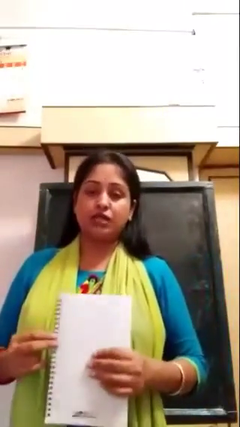In today's class I will explain only the first part, the operating activities. How will we calculate these operating activities and find out the cash inflow from there, or any cash outflow if there is.